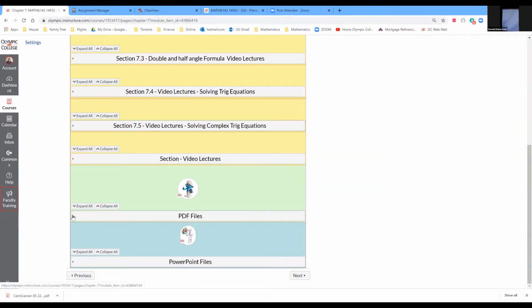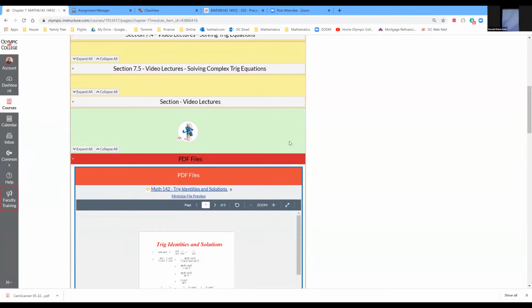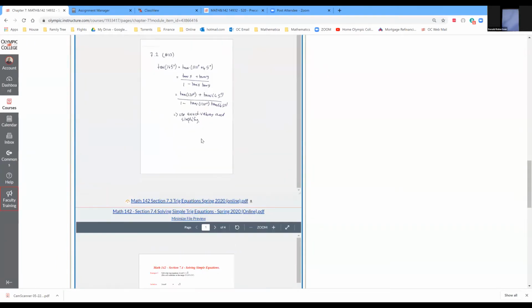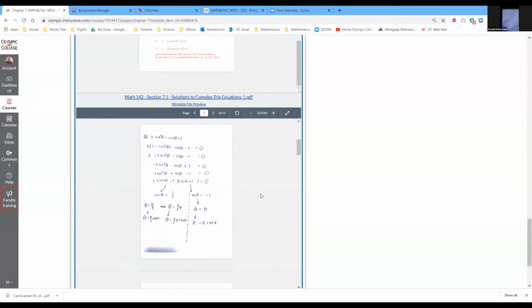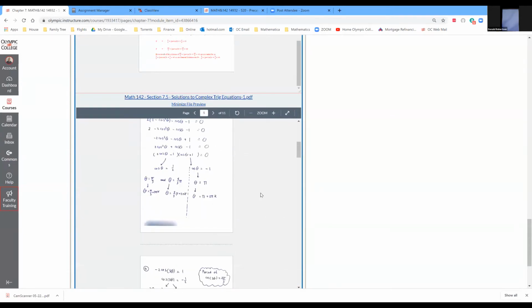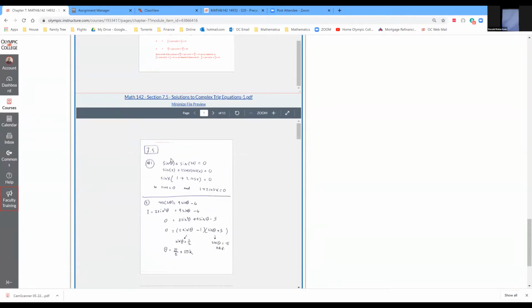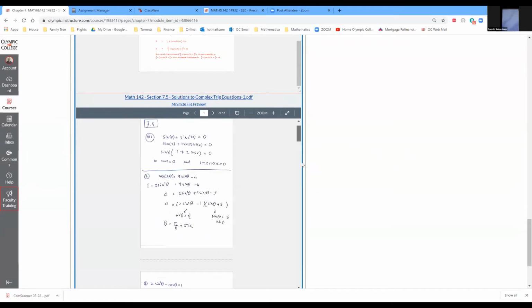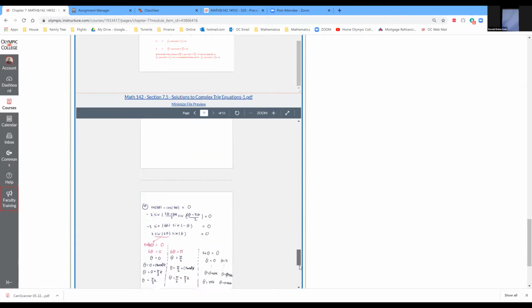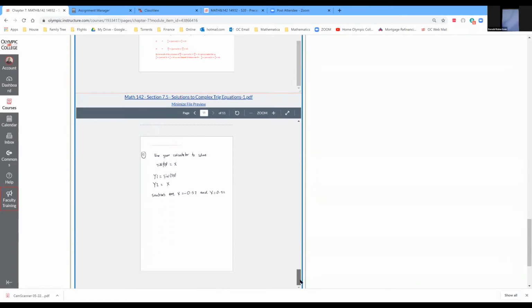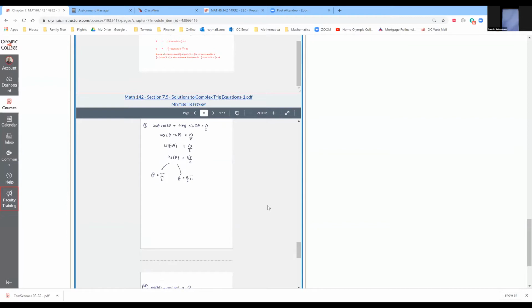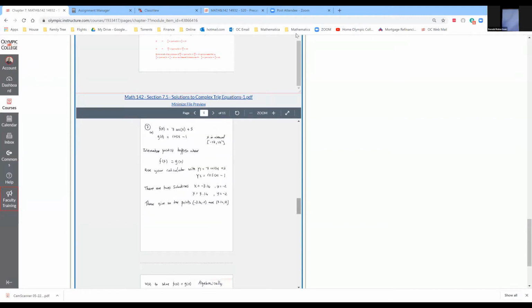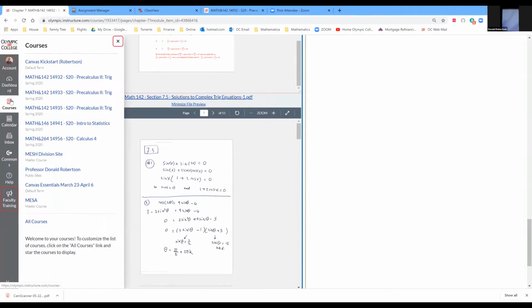If we click on the PDF files, you will see examples of homework questions. In particular, here is 7.5 homework. What I've done is I've done every single question in 7.5. And so if you get stuck on a question, you should be able to find another one that's very similar to that one. And hopefully that'll give you some help. So that's a second place where you can get resources.